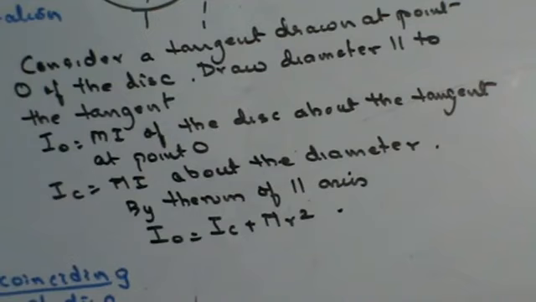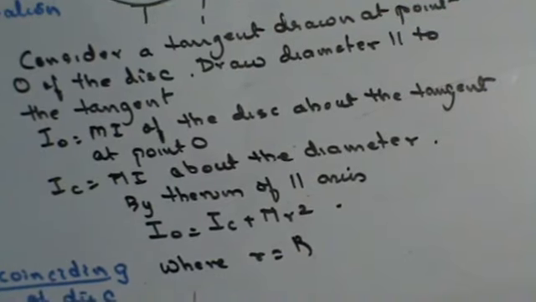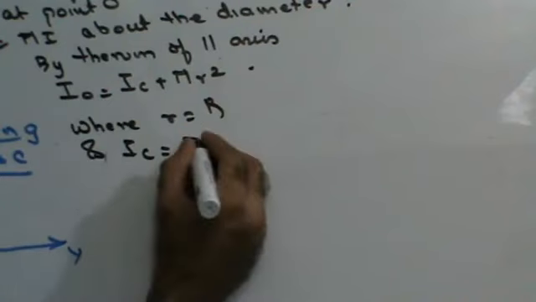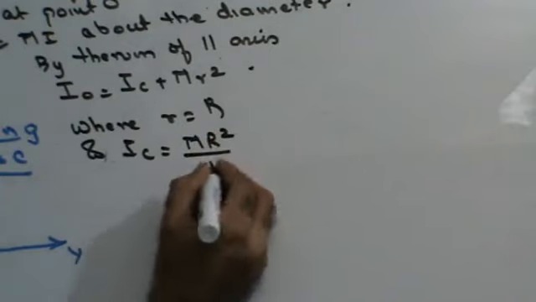Now in this case R is the distance between the axes, represented by capital R. The moment of inertia about an axis passing through any diameter, we just found out, is MR square by 4.